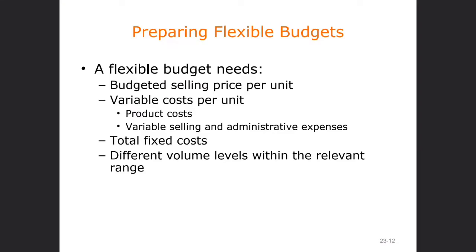A flexible budget needs budgeted selling price per unit, variable cost per unit, total fixed cost, and different volume levels within the relevant range. When we're looking at variable cost per unit, we're going to have product cost and variable selling and administrative expenses.